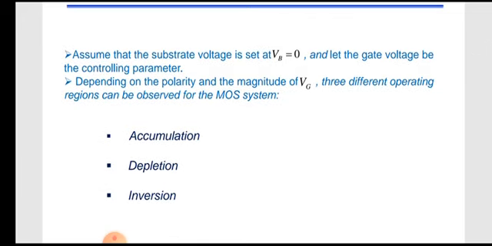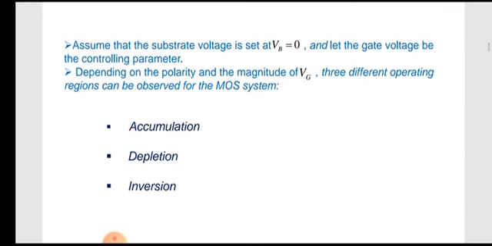Assuming that the substrate voltage, VB, meaning bulk or base, is set at 0, and let the gate voltage be the controlling parameter, because when we give some voltage to the gate, it will definitely affect the MOS structure. So that's how, with the help of the external voltage, this MOS basically works.